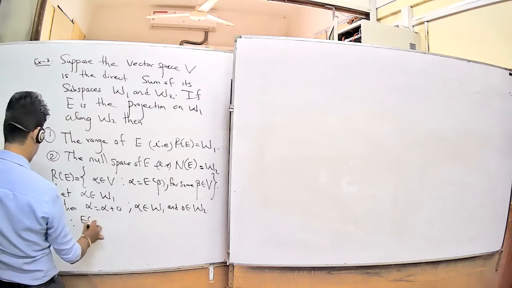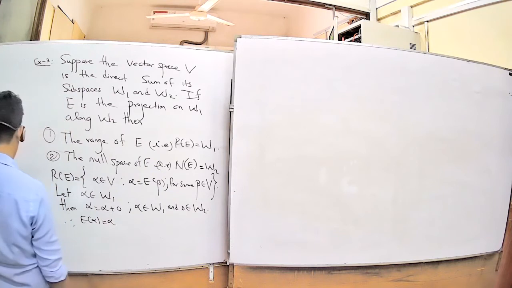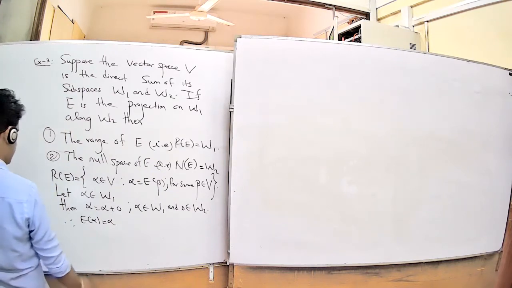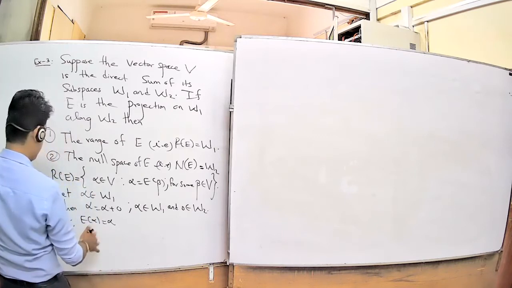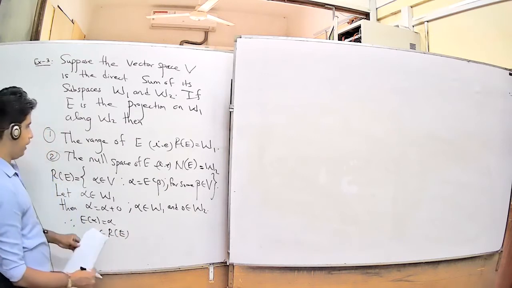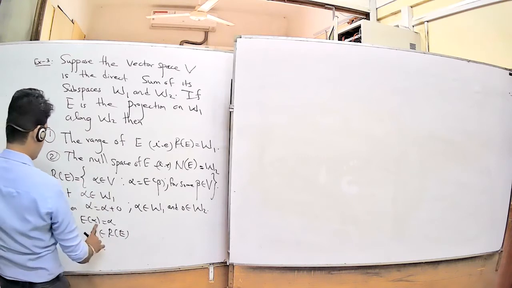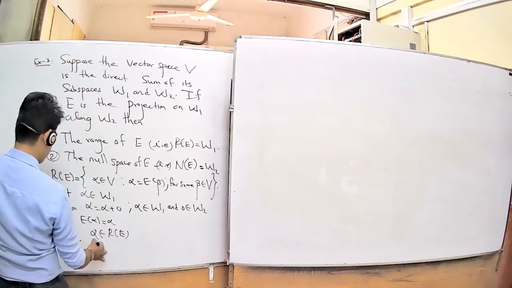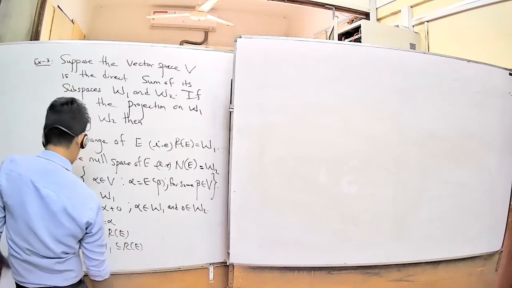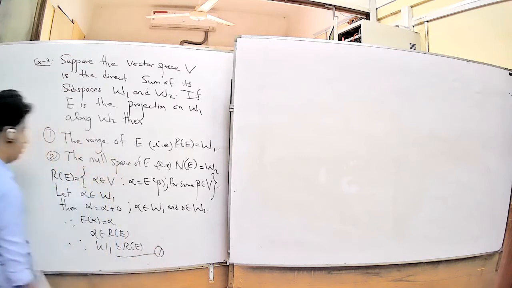Therefore, you have E^alpha is alpha. So alpha belongs to the range of E. We assumed alpha belongs to W1, and we proved that alpha belongs to R(E), therefore W1 is a subset of the range of E first.